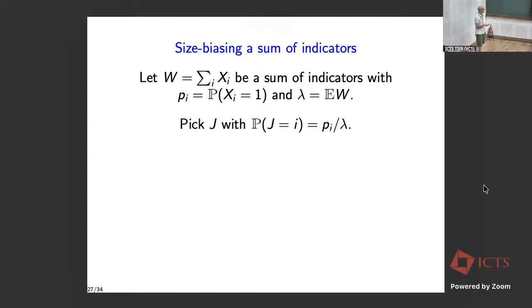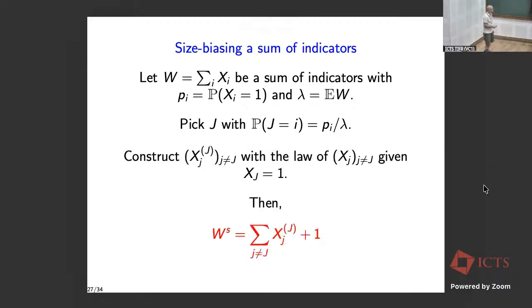So here's what you need to do: you pick not uniformly, you pick one of these summands. We've seen this construction with the Gaussian case. Remember the exchangeable pair? You pick one of those, you replace it by something else, and there we picked uniformly. Here we have to pick proportional to the Pi. Okay, so this is just a probability, and you pick your indicator proportional to its mean.